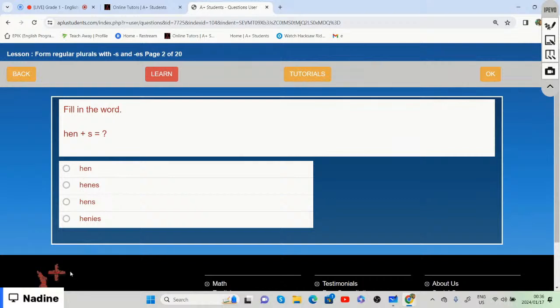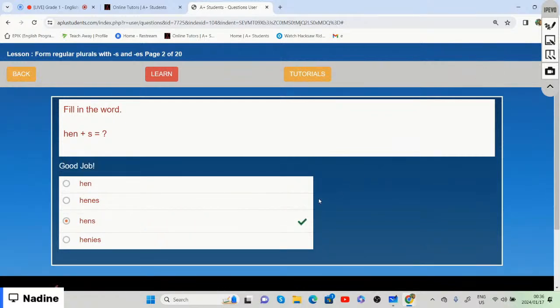All right, so if we fill in the correct word, we are going to say it is hens. And yes, well done. Hens at the bottom is correct.